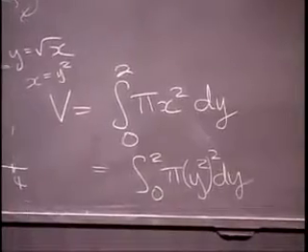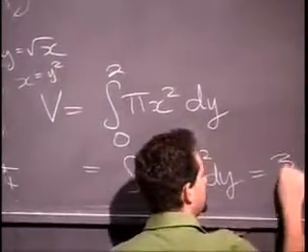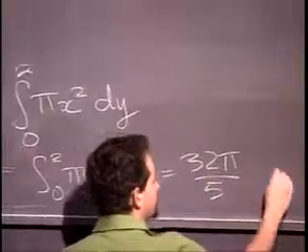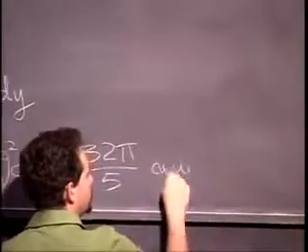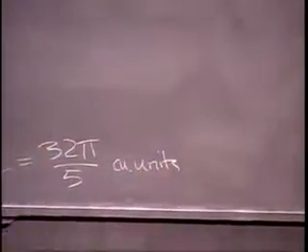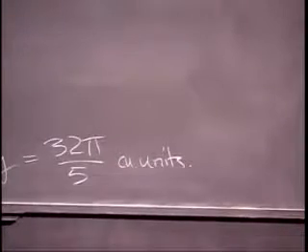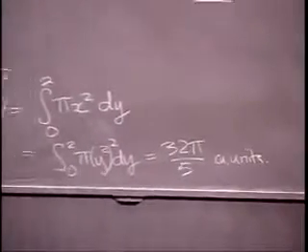And so if you work this out, you should get 32 pi over 5 cubic units. Again, I leave that to you, but there's nothing complicated about this particular integral.